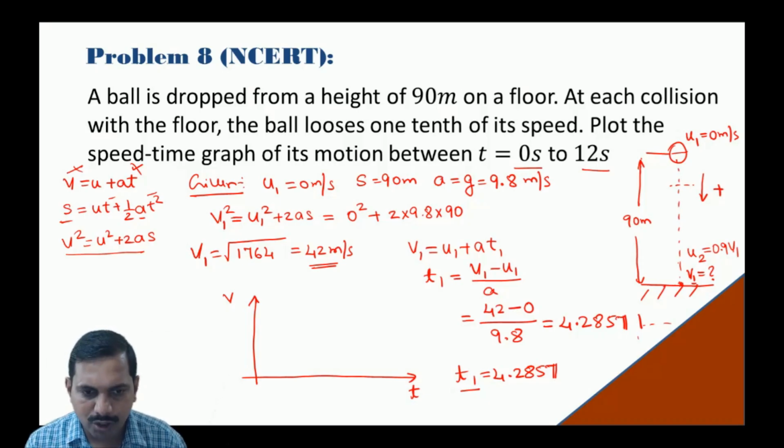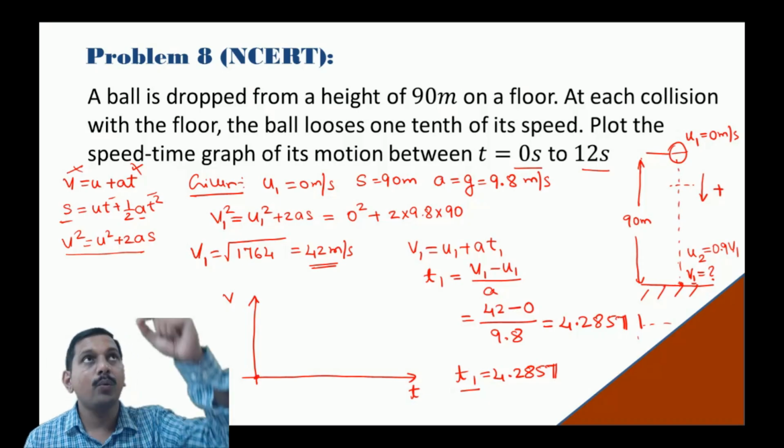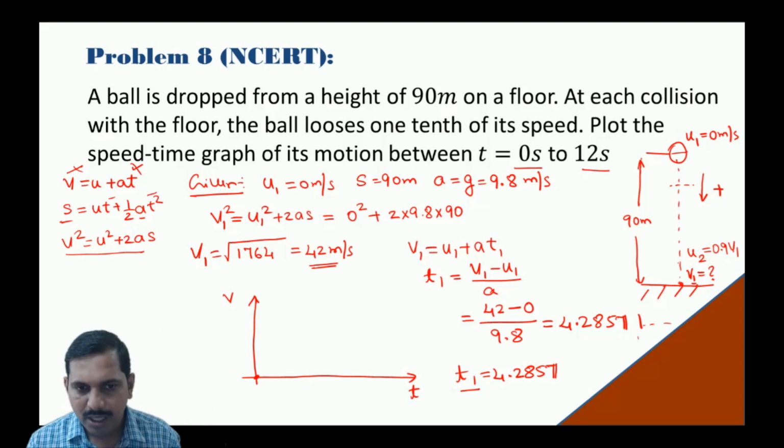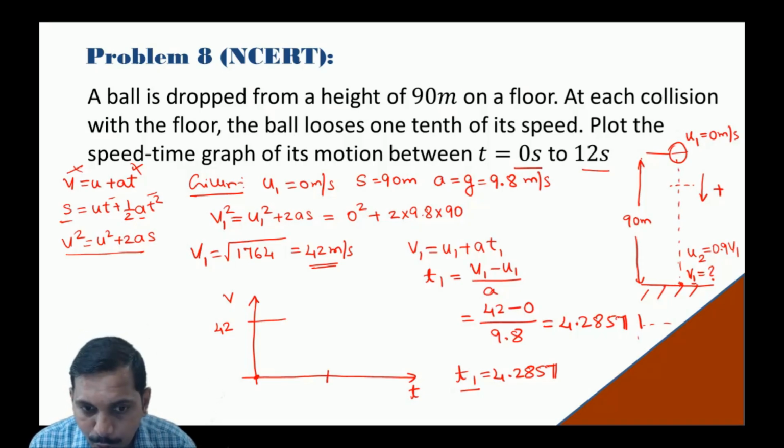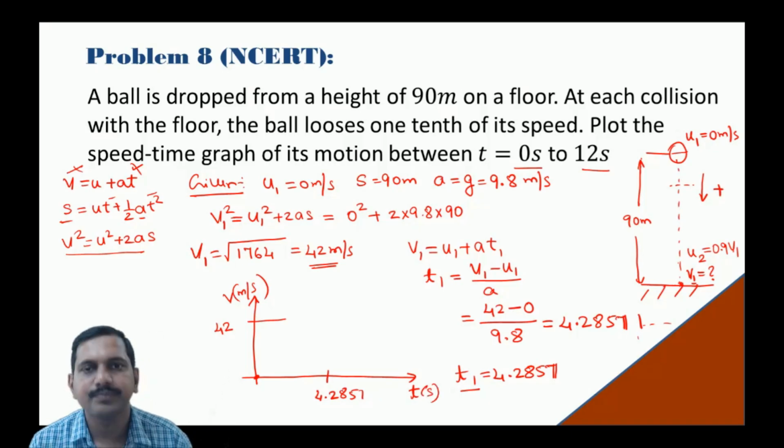Initially the time was 0, which was when it was at the highest point, and the velocity continuously increases, right? Increases to what point? Increases to 42 meters per second. After what time? Time is 4.2857 seconds. So many meters per second, is it not? This is in meters per second, and this one would be in seconds, right?